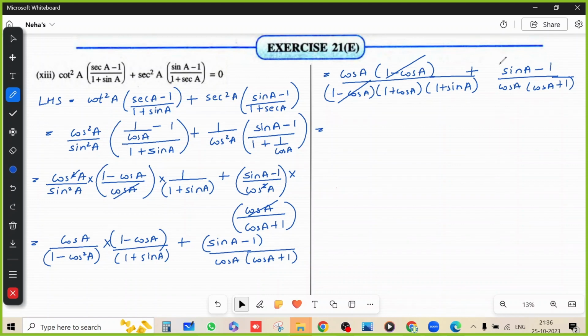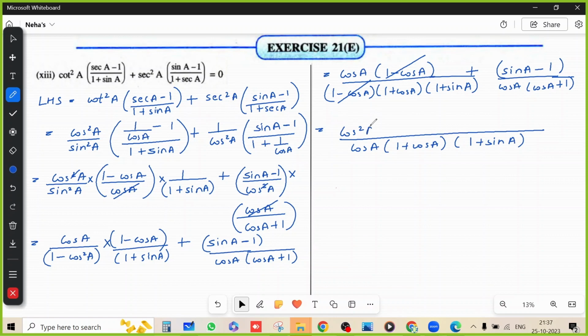plus sin A minus 1 divided by cos A divided by cos A plus 1. So here we will take the LCM. So the LCM will be equal to cos A into 1 plus cos A into 1 plus sin A. Now as we have 1 plus cos A and 1 plus sin A, both the terms here, so we will just multiply cos A with cos A to get the numerator.